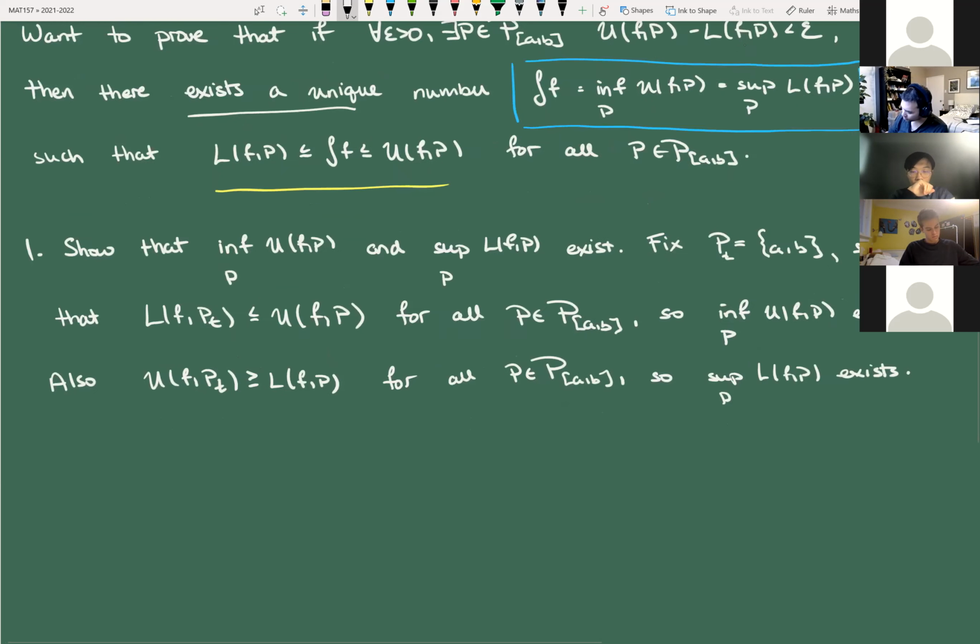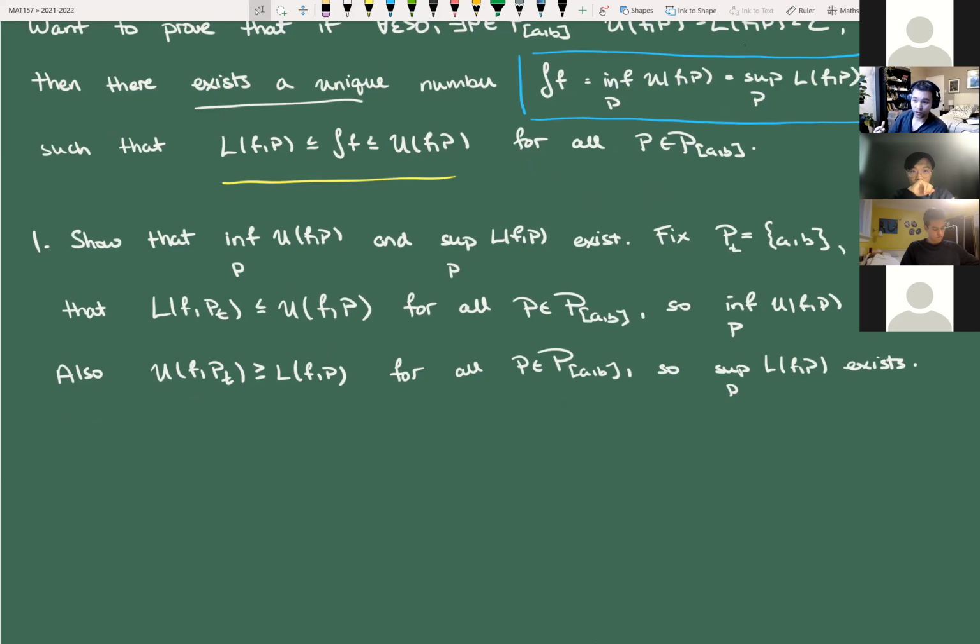First, though, what I want to do is some notation. I don't want to write inf U(f,P) every single time talking about that number, and I don't want to write sup L(f,P) every time I'm talking about that number. So notationally, we're going to write I-bar for the inf of the upper sums, and I-lower-bar for the sup of the lower sums.